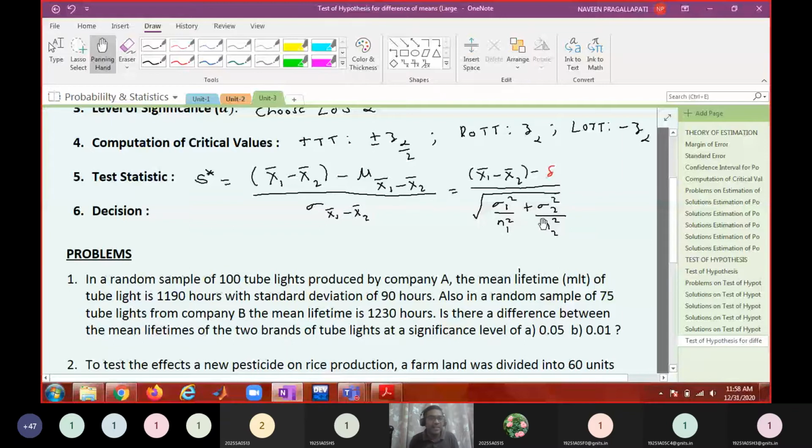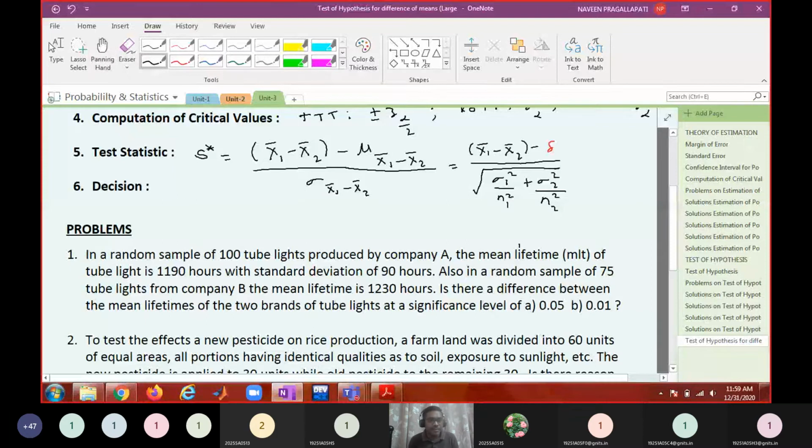So what is your decision? Your decision is reject H naught if modulus of S star is greater than Z alpha by 2, in case of a two-tailed test.